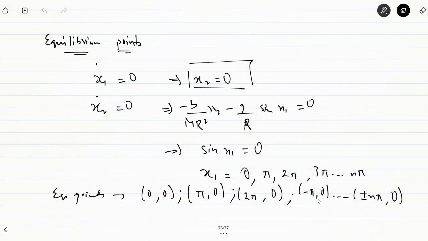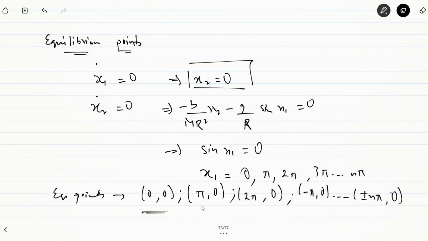So in linear system analysis, what you have simply seen is a single equilibrium point most of the cases for a controllable system, and that's the origin of the state space. But for a non-linear system, this is not possible. You have different equilibrium points, and for each equilibrium point, you have to identify whether or not your system is stable.